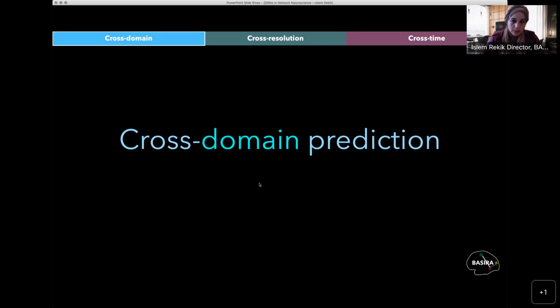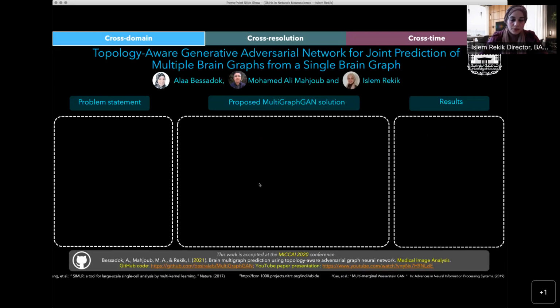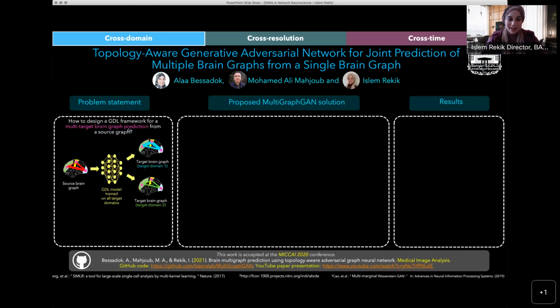The first one is the cross-domain prediction. This was a work presented by my former PhD student and accepted at the MICCAI 2020 conference and then extended into a Medical Image Analysis journal paper. So let me explain briefly what the aim of the cross-domain graph prediction is.